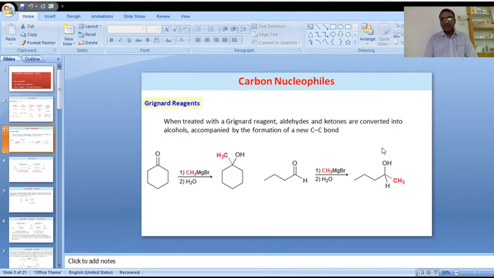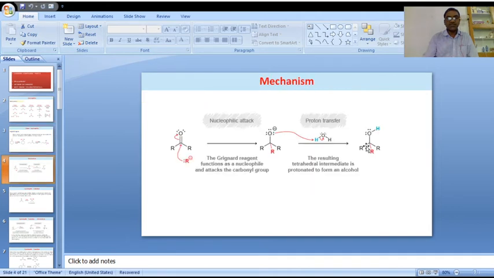These two are normal reactions. For that purpose, we'll discuss the actual mechanism part of the reaction. Let us go to the mechanism. This is the clear mechanism of this carbon nucleophile reaction.